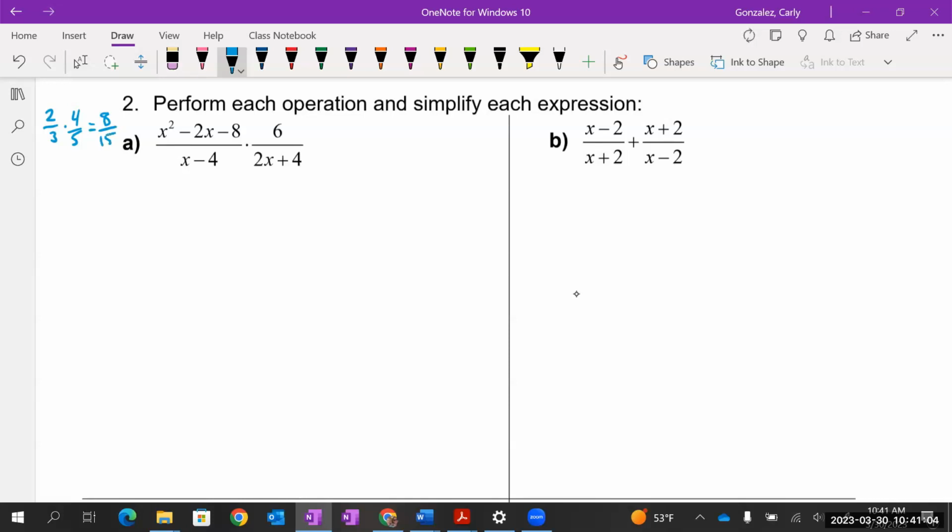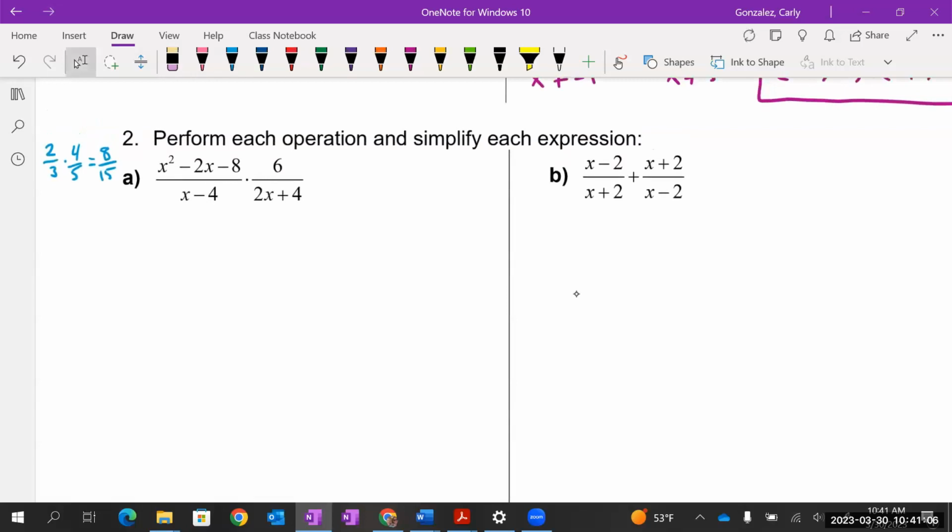Or if we did another one, we could even look at, what if we had 2/3 times 3/4? Well, in this situation, we could multiply straight across first and then simplify. But another option is instead to reduce first. So here, the 3's are identical, and we have a 3 in the numerator and a factor of 3 in the denominator, so we can cancel out.